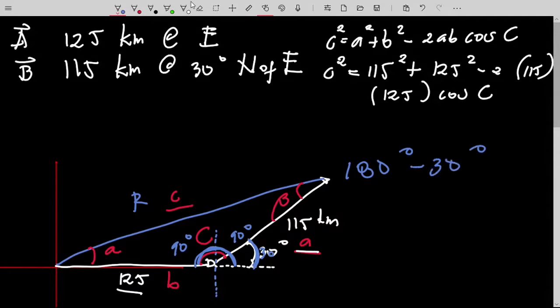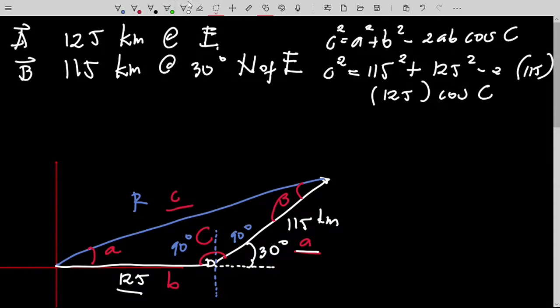So 180 degrees minus 30 degrees gives us 150 degrees. So your angle C, which is this angle, has a value of 150 degrees. Let's try to rewrite the values.